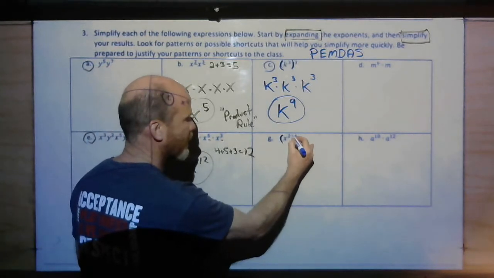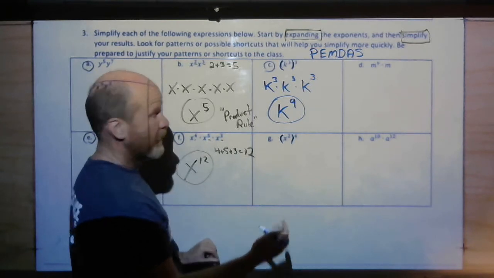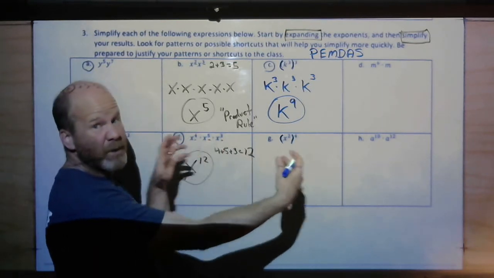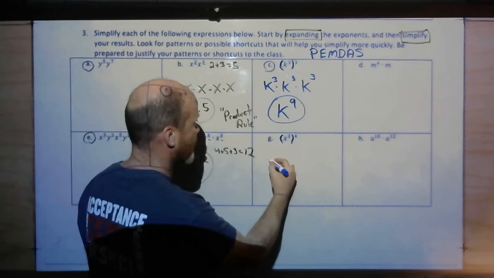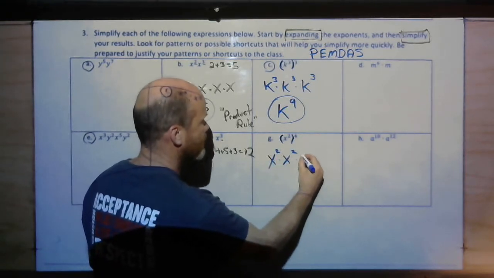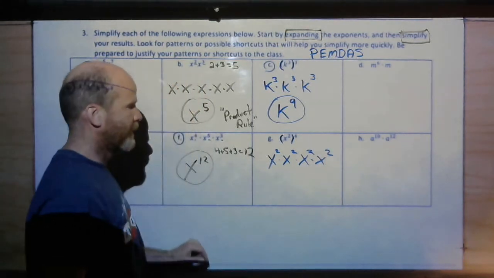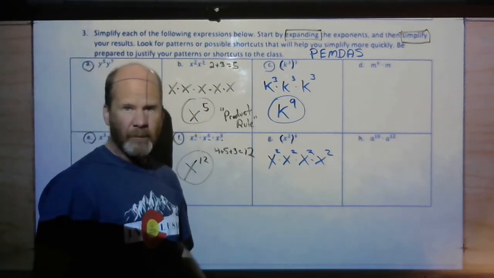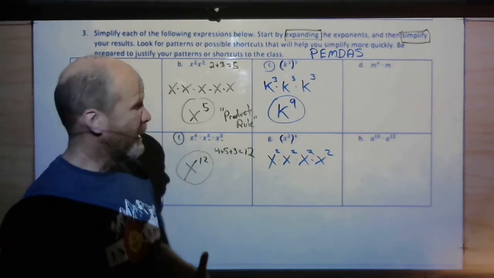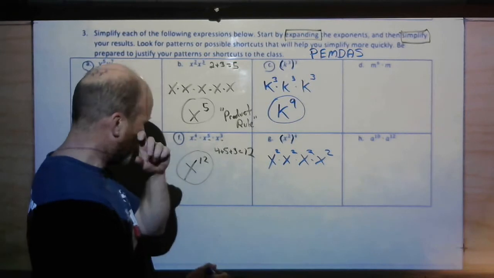X squared is in parentheses, it's raised to the 4th power. Okay, it's expanded multiplication. That's the whole concept here. We're going to do x squared times x squared times x squared times x squared, raised to the 4th power. But you can see we're kind of running out of room, so hopefully we're going to come up with a rule that simplifies that so that we can make it a little bit easier.